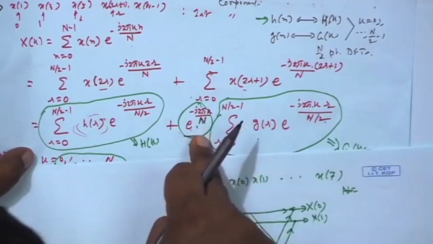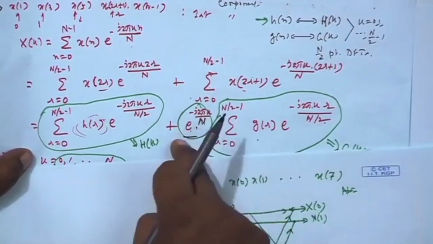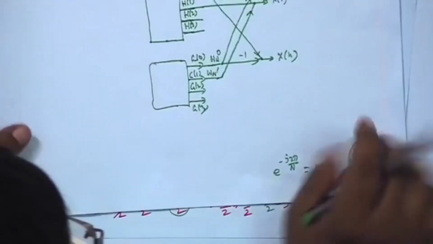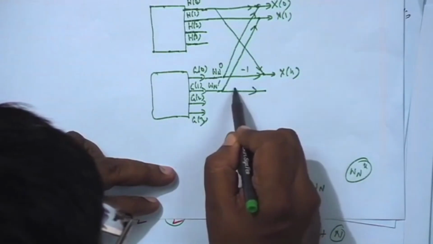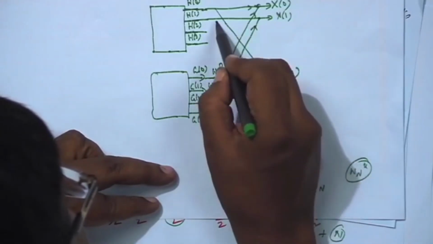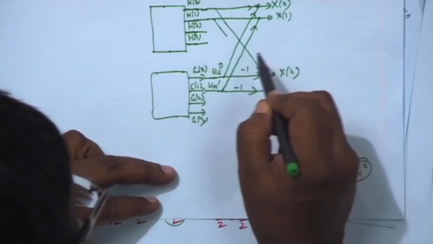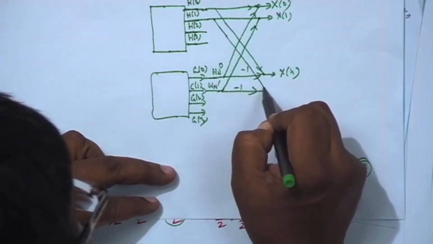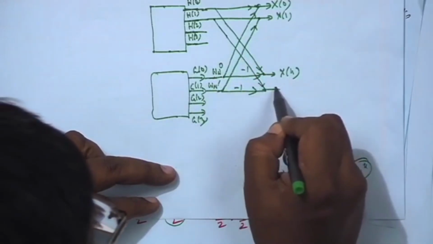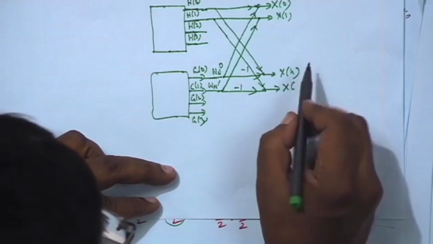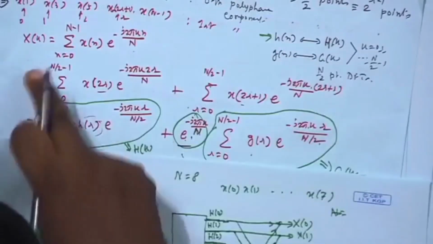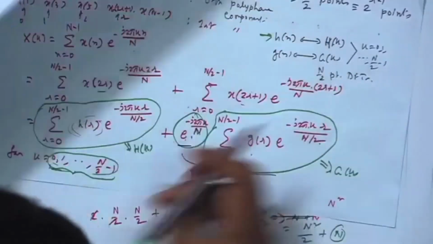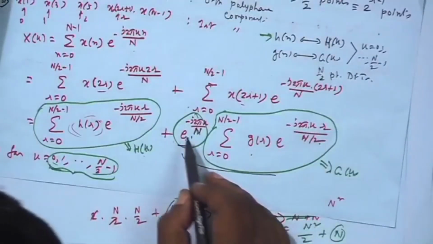This factor will be the same, but it will undergo a sign change and become minus. So, once again this will be your X 5.